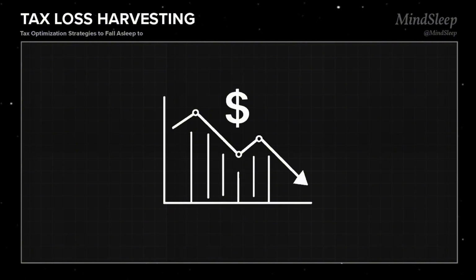As we move forward from the intricacies of tax loss harvesting, let's turn our attention to another crucial aspect of tax optimization: business expense strategies. While tax loss harvesting focuses on managing investment losses, business expense optimization delves into the day-to-day financial decisions that can significantly impact a company's tax liability.